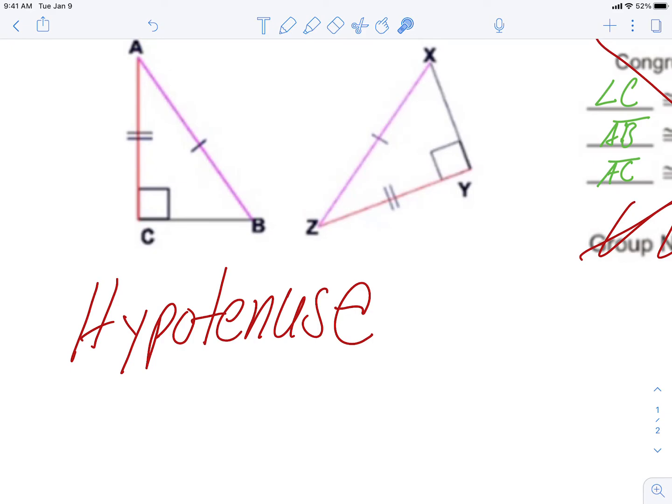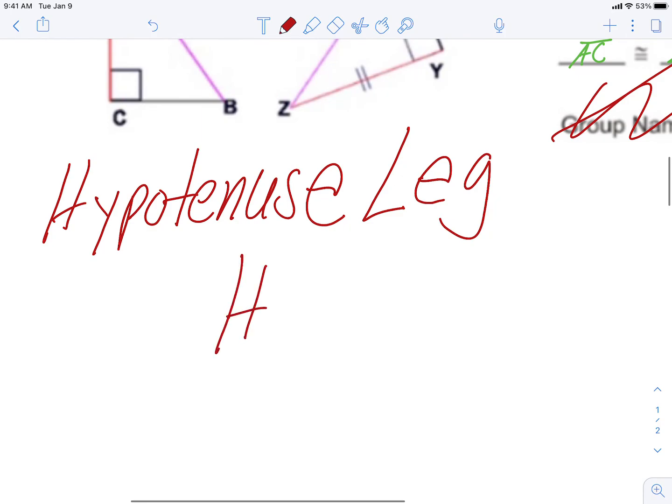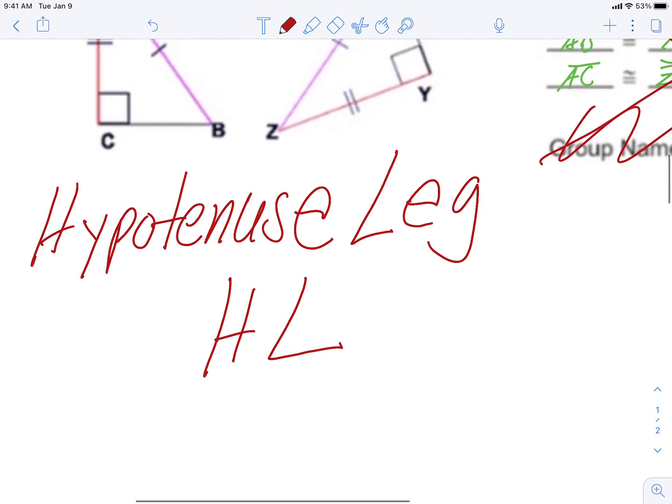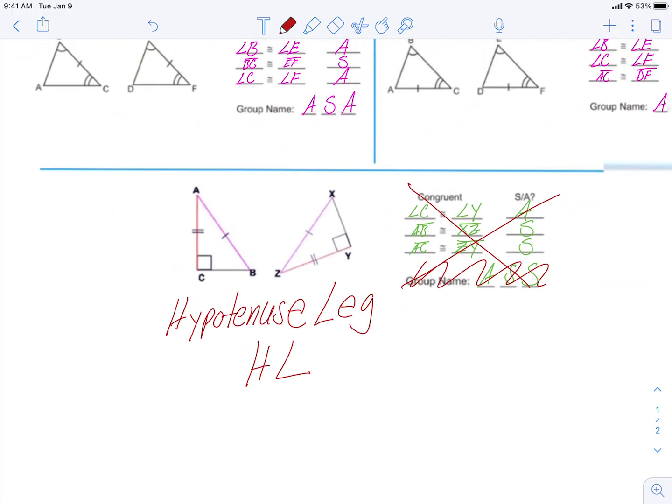And it also needs to have a leg. This 90 needs to have a leg. So we need the hypotenuse, which is this pink line here, and a leg coming from the 90 that matches. So this is called hypotenuse-leg, HL. It's a special kind of proof to prove that triangles are congruent.